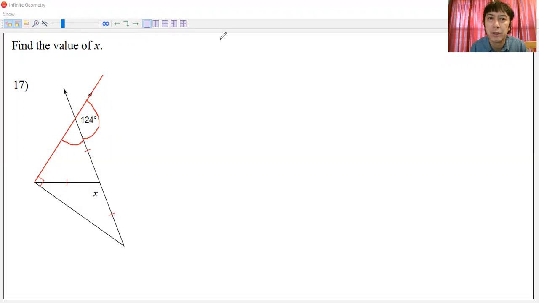We can mark this using some letter variable. Let's call it just y, so that we have our first equation: y plus 124 must be equal to 180.